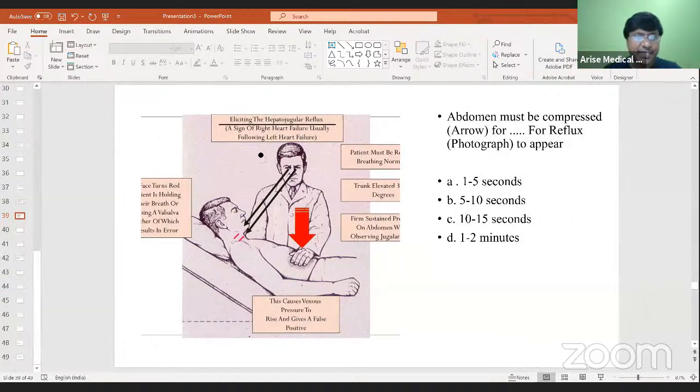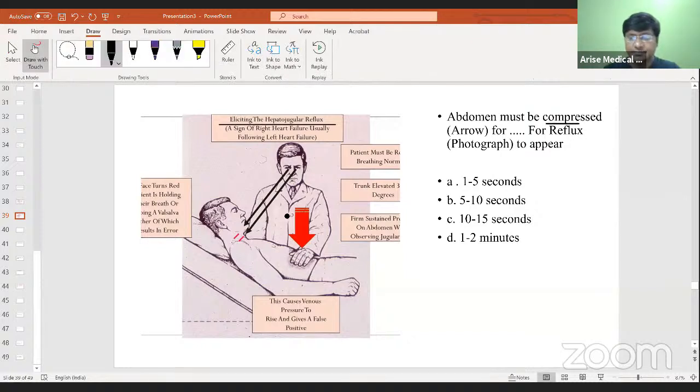You can see this doctor watching something over the neck and compressing the right hypochondrium. For how long does the doctor have to compress over the right hypochondrium for the appearance of this particular reflex? Any one of you?